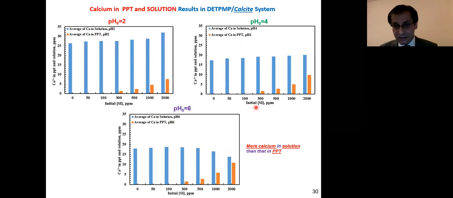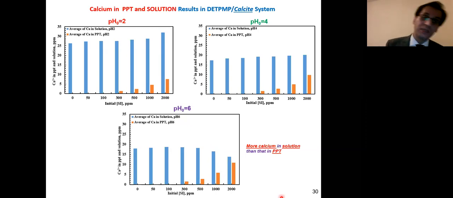As pH increases, the difference between average calcium in precipitation and average calcium in solution decreases. Why? Because at pH 2, we have the highest amount of calcium from rock dissolution, as the system is more acidic and most of the substrate is dissolved by the scale inhibitor.